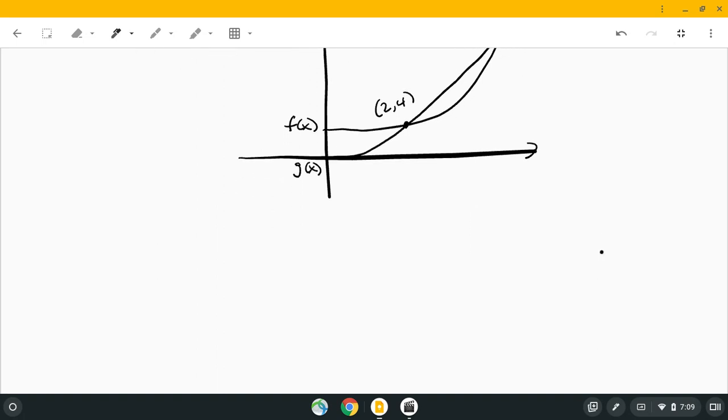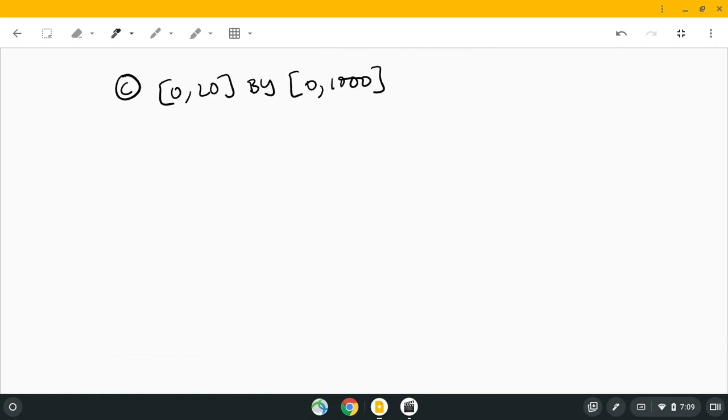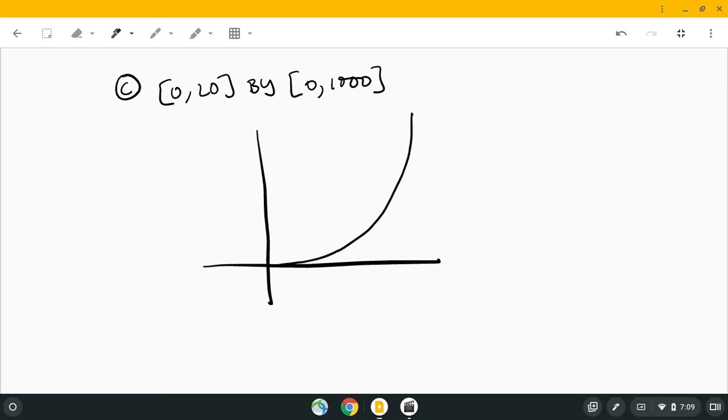And if we look at this viewing window, x values 0 to 20 by y values 0 to 1,000, then you can't really see those tiny things happening, because it just looks like this. That's f of x, and this is g of x.